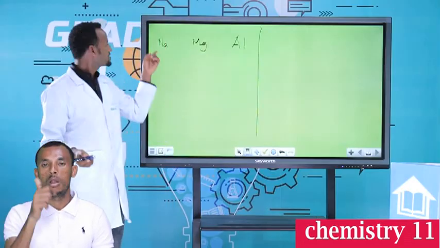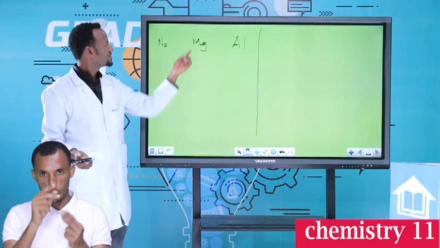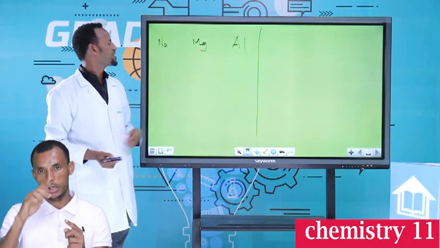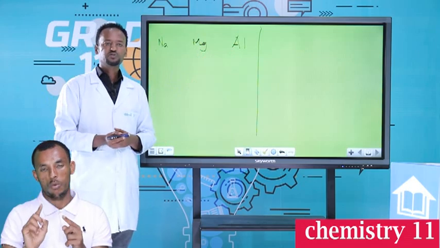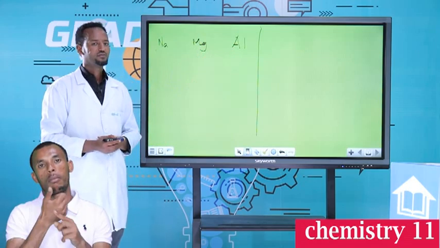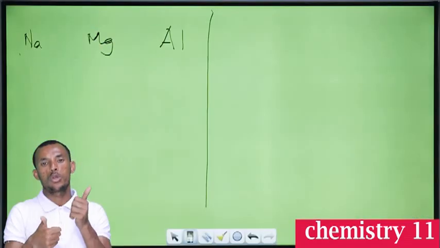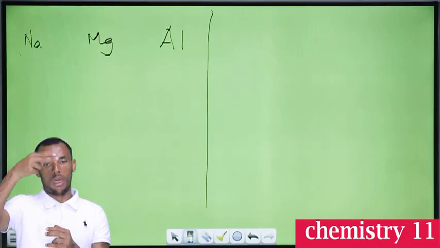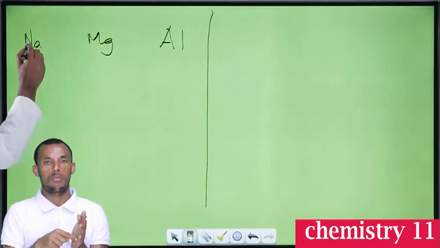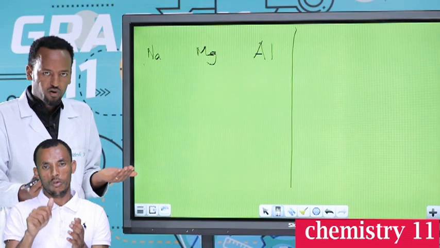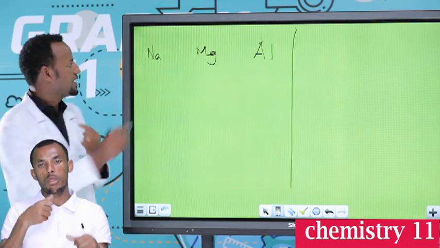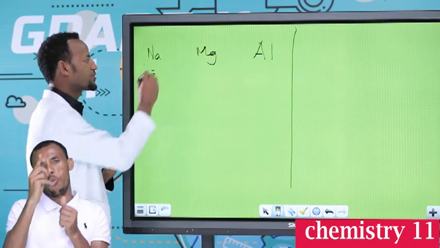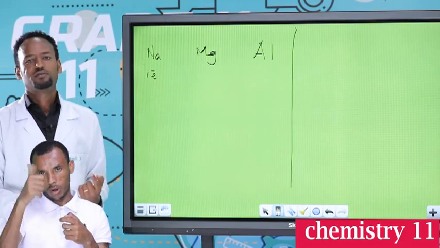You know, sodium is a group 1 element, and sodium is a metal. Magnesium is a group 2 element, and magnesium is a metal. Aluminum is a group 3 element, and aluminum is a metal. But which one has the highest melting point? Look, for the formation of bonding, sodium contributes how many electrons? Only 1 electron.